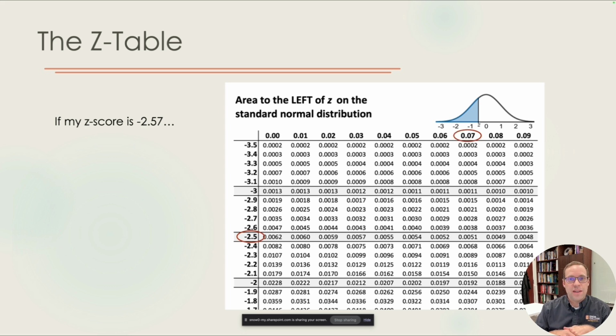There's the 7 up there. We just quickly find where that row and that column meet, and 0.0051 would be the probability of a value less than a z-score of negative 2.57. Okay, that's how you use a z-table.